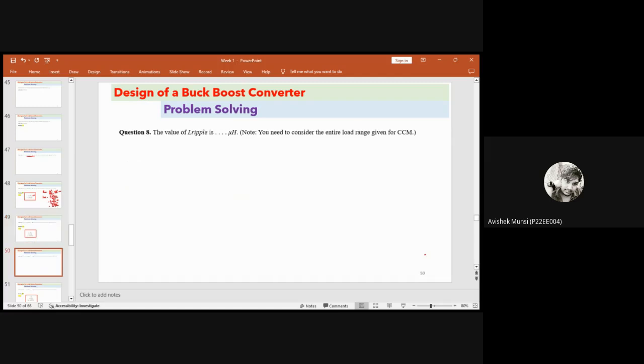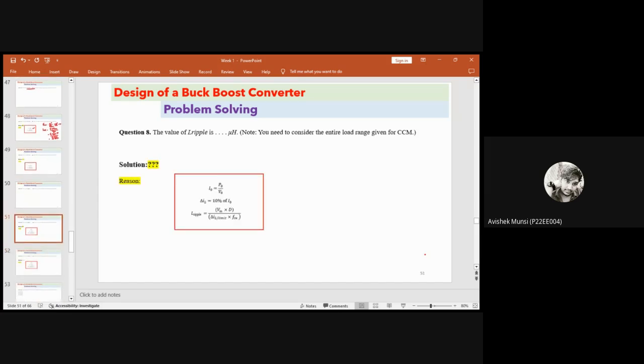Next question, you have to calculate the ripple inductance. The formula for ripple inductance is this one. This is basically delta IL by 2. So the formula in a simpler way is Vin by (delta IL by 2) into FSW.